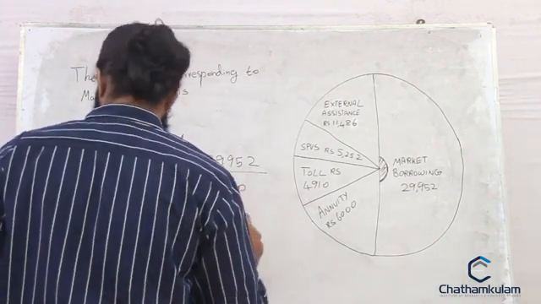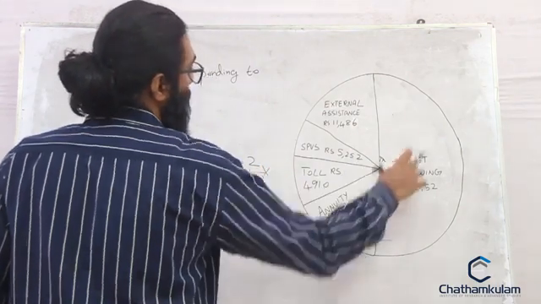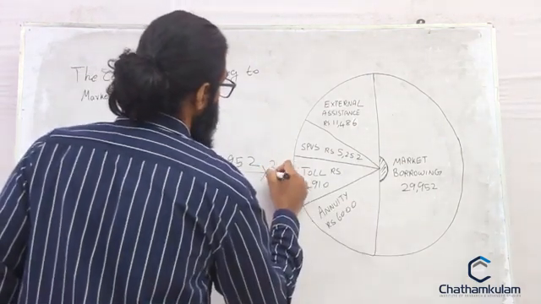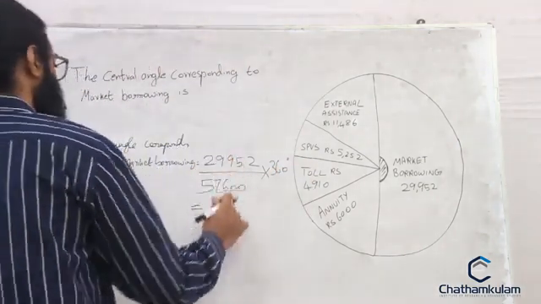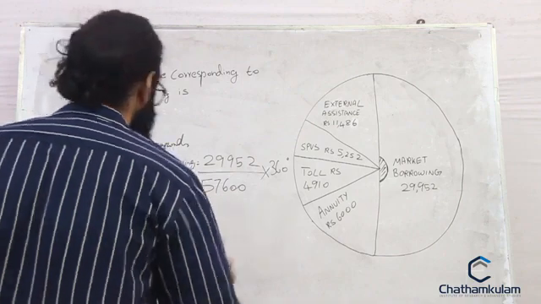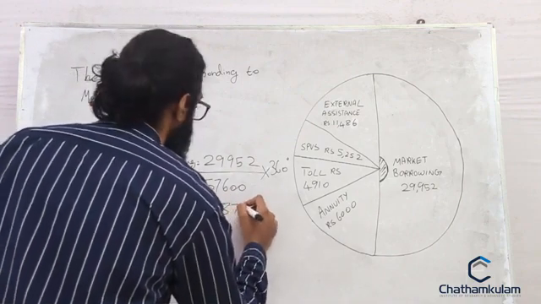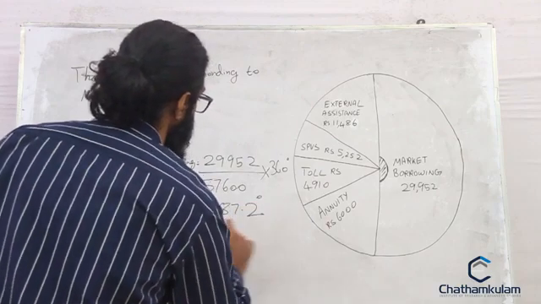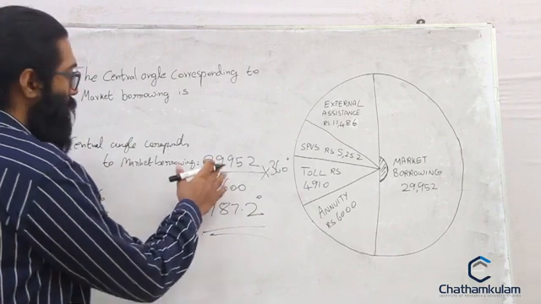into what? What is the angle here? It's 360 degree, right? The whole angle is 360 degree. So if we cancel this and this, we get this answer as 187.2 degree, right? So I'll just explain once more.